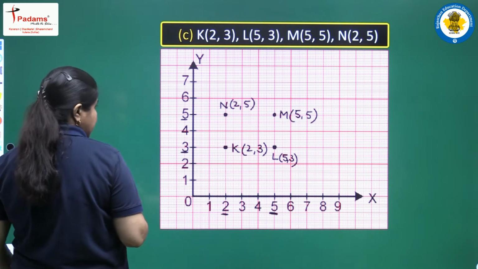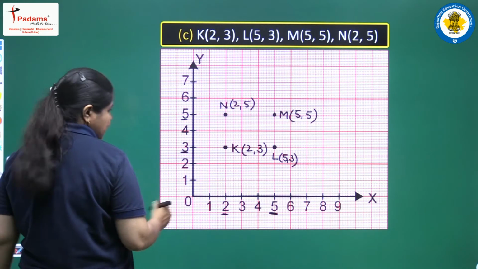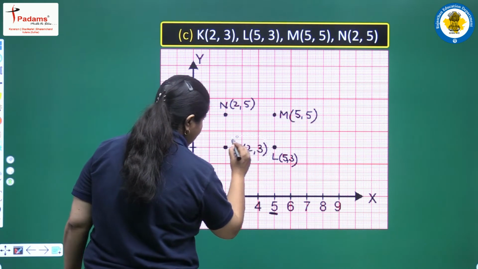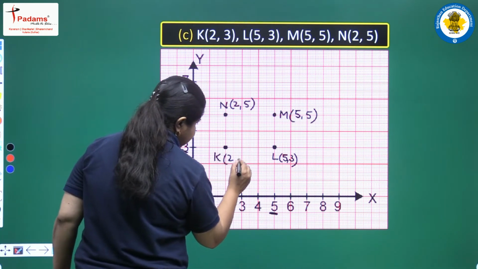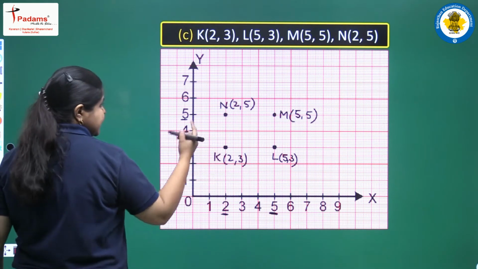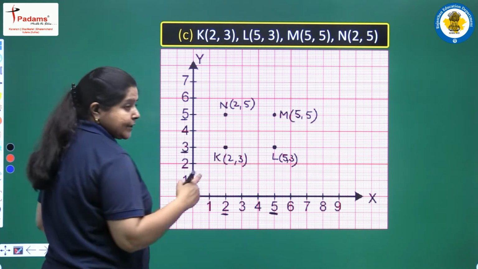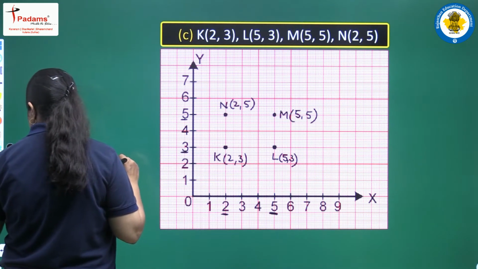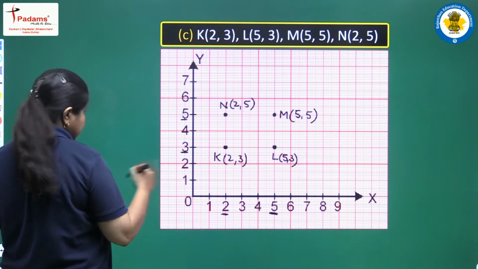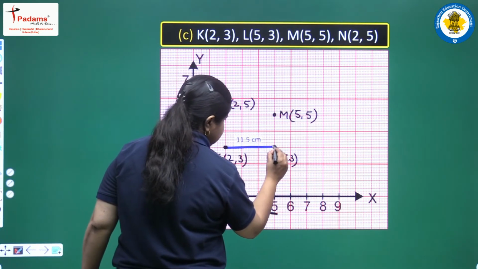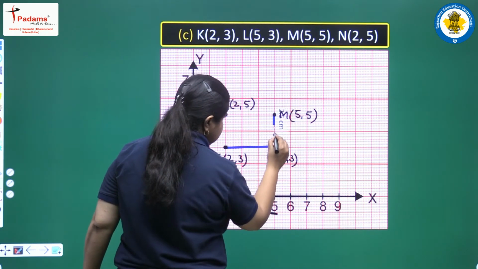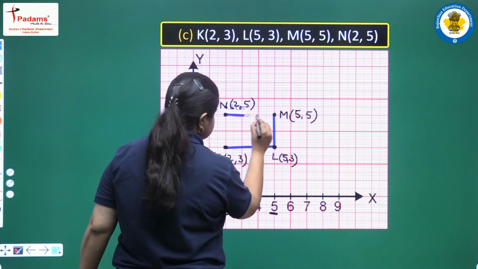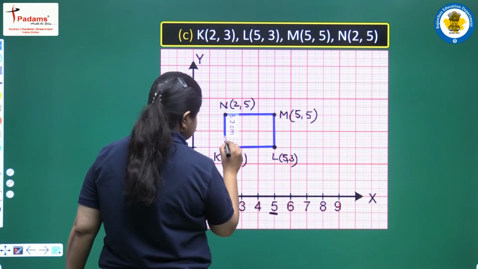Now what we see, are these points lying in a straight line? You will see that no, these points are not lying in a straight line. Here the point is K with coordinates 2, 3. So we see that if we join them, we will not get a straight line, and so we can write the solution. First, if you join them, here we get one line segment, then we get this second one, then this third one, and then this fourth one.